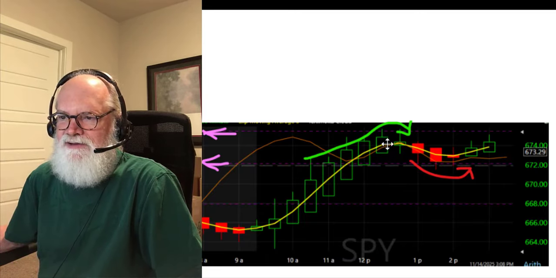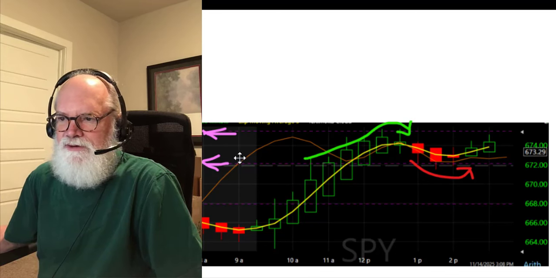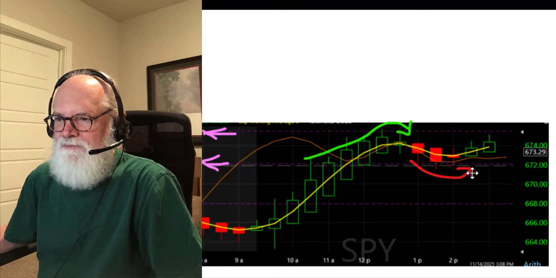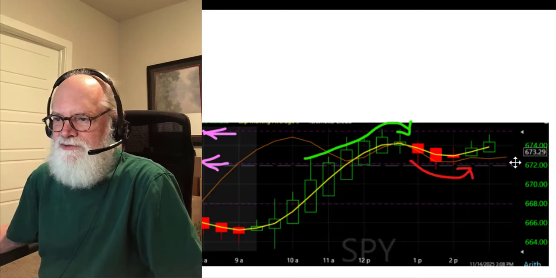We had higher highs and higher lows on the bull side on the 26-minute chart, and then as we reflected off these two fib lines I've pointed at in purple, the market came down, tested that bottom fib line, and started to push back up before the close of the day.